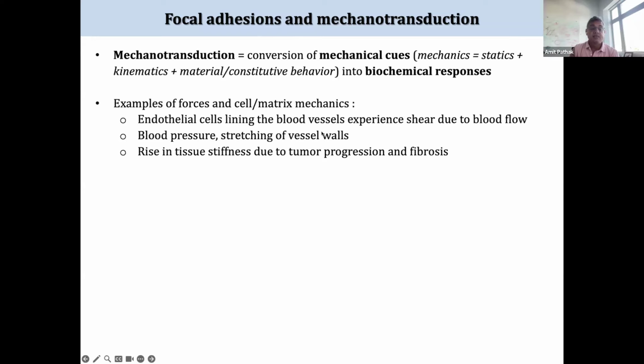For endothelial cells in the blood vessels, there is, of course, shear due to blood flow. Shear falls in the statics category, forces and such. Blood pressure is also forces. Stretching of the blood vessel walls is both kinematics and forces. Rises in tissue stiffness is more the constitutive behavior changing. Stiffness is also a very naive term.